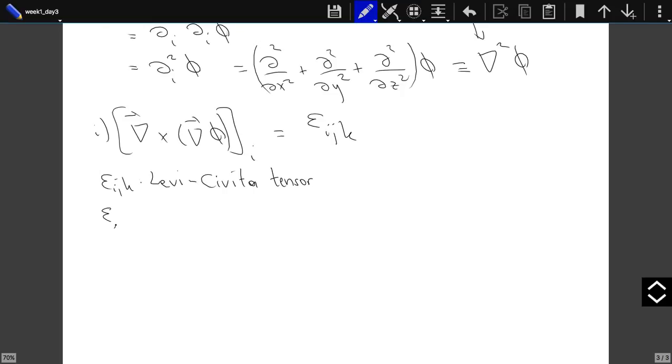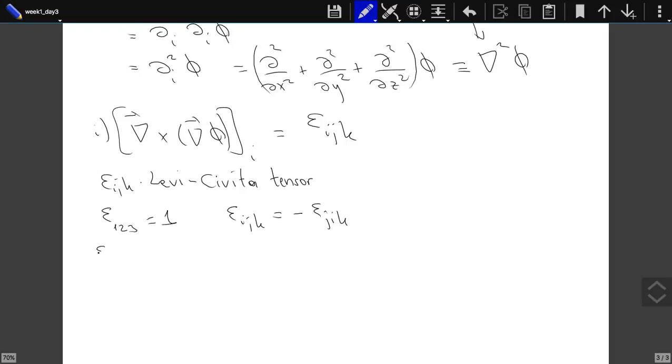Basically, epsilon 1, 2, 3 is equal to 1. Epsilon ijk is equal to epsilon jki. Let me write it this way: epsilon ijk is minus epsilon jik. If you change any two indices, it changes sign.